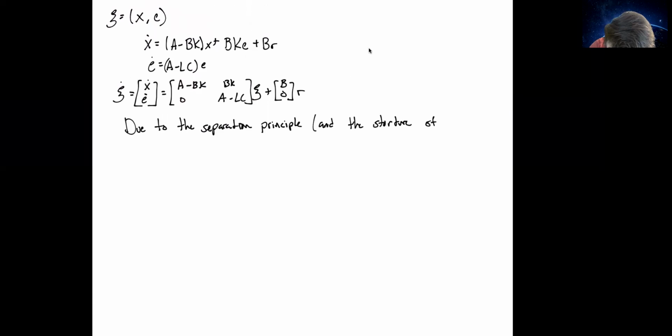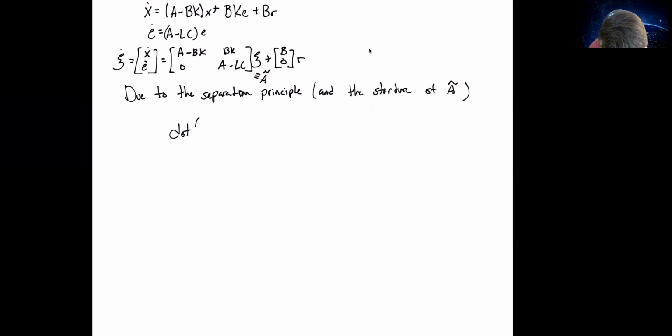This is due to the separation principle. Let's call this matrix Ã, and from the structure of Ã, it follows that the determinant of Ã is equal to the determinant of the diagonal blocks separately.